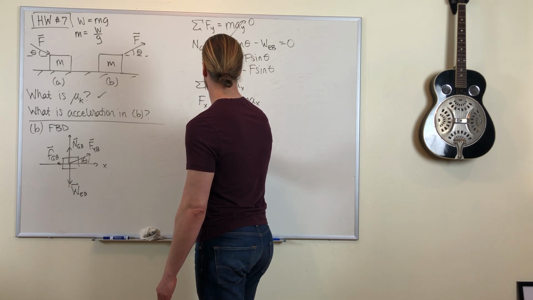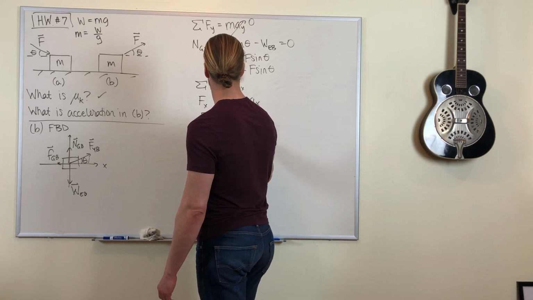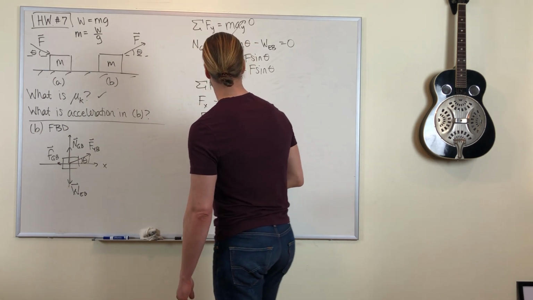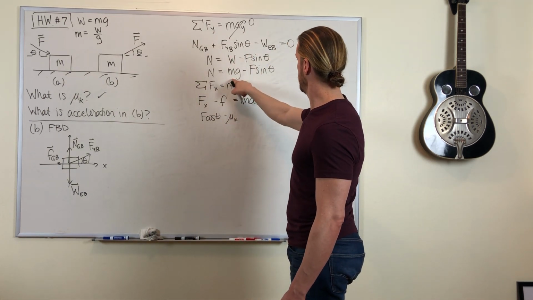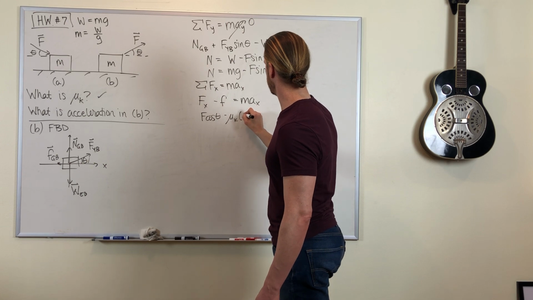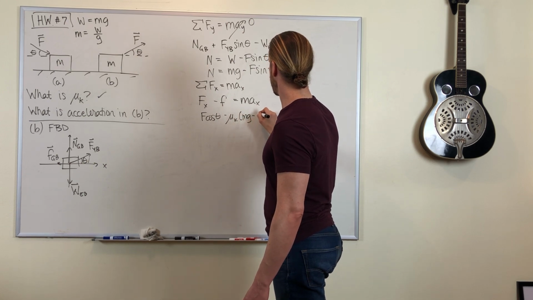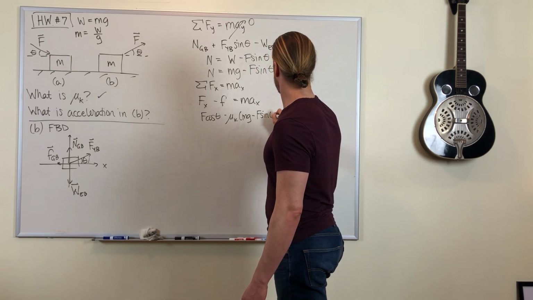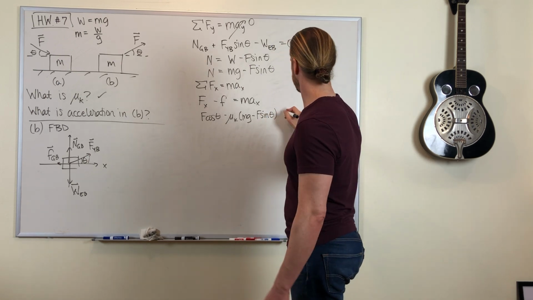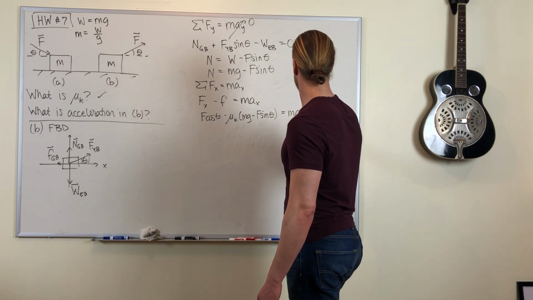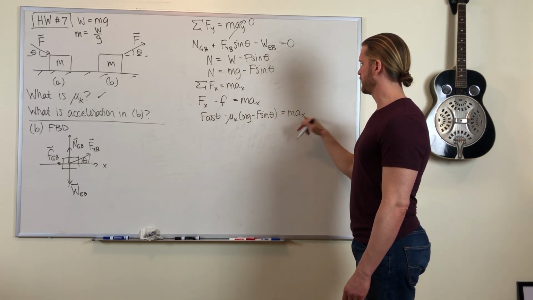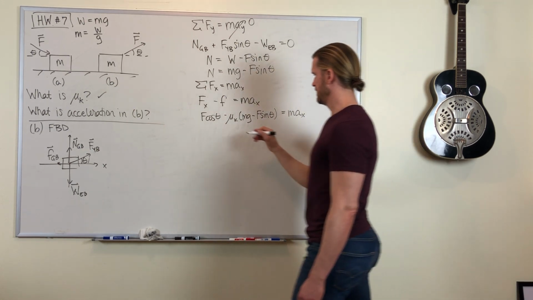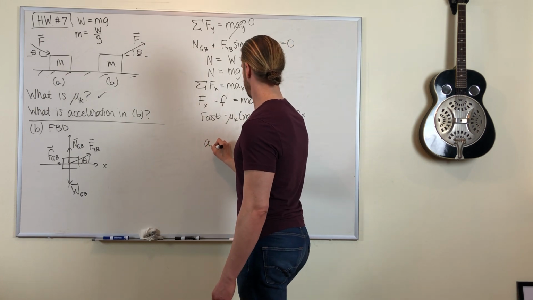So that is F cosine theta minus mu times N. Friction force is mu times N. Here's our N for this situation, mg minus F sine theta. And the last thing to do is to divide both sides by m, and we'll get that acceleration.